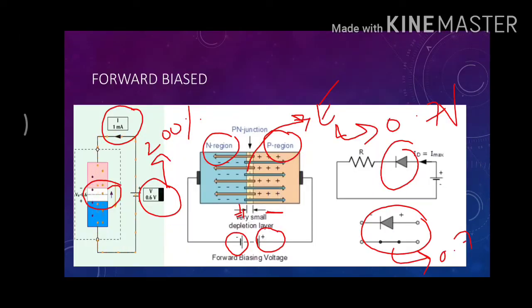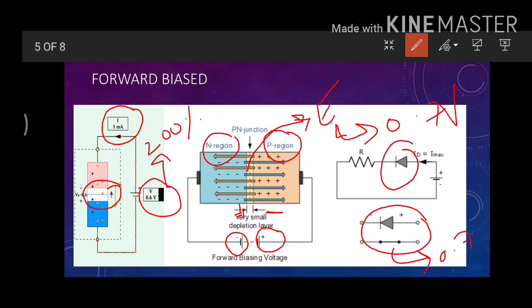As you can see here in the image, we have connected p-type with the positive side and n-type with the negative side. So when we connect n-type with the negative side, there are more negative charges here, so this negative charge repels electrons in the n-type region toward the p-type region. So it increases the energy of the electrons, or the power of the electrons, to move toward the p region.